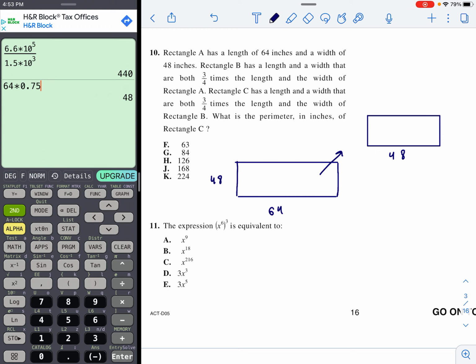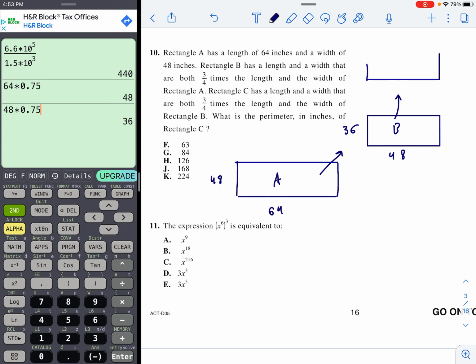If each length and width are 3/4 the size of the original, 48 times 0.75, we've got a new rectangle, rectangle B, and then it says here rectangle C is again 3/4 of each of these.